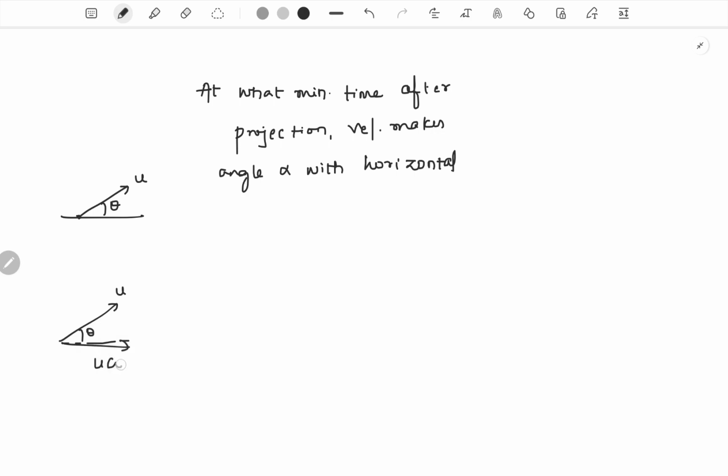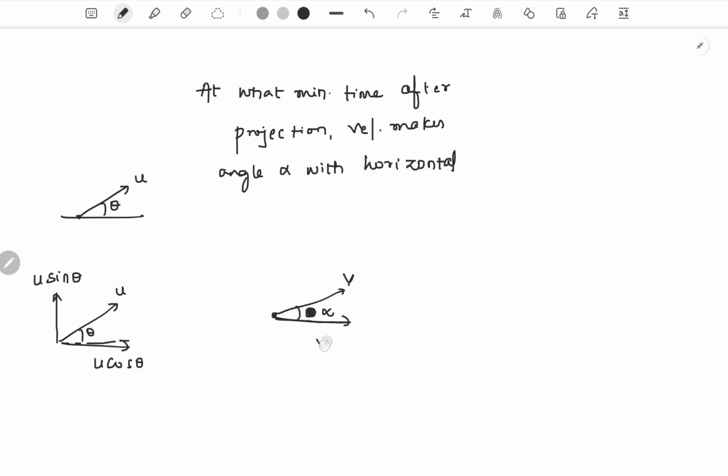The horizontal component of velocity is given by u cos theta and then u sin theta. So let's say after certain time t, the velocity is v, making an angle alpha with the horizontal. Now we wish to find the time t.